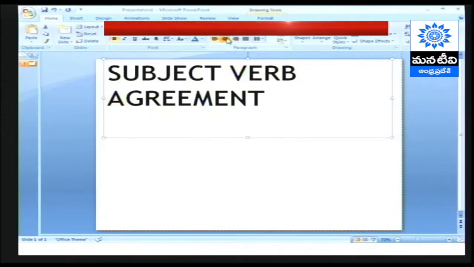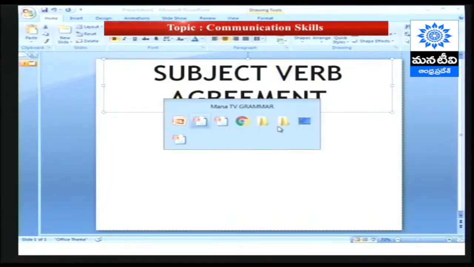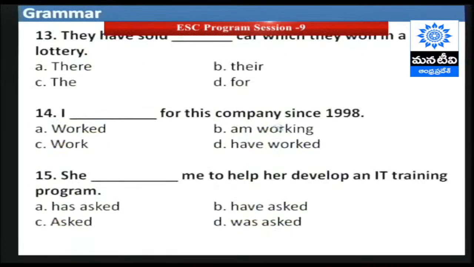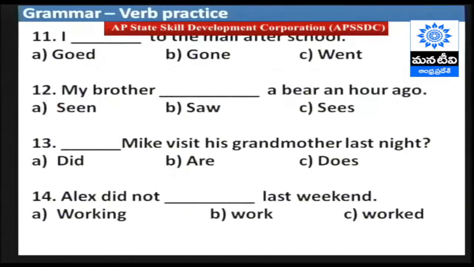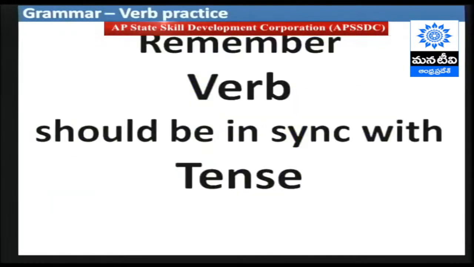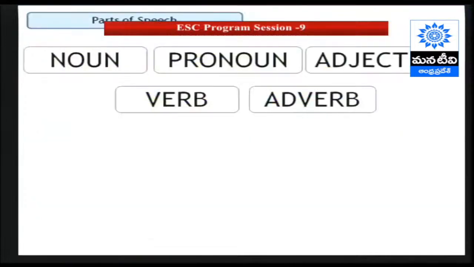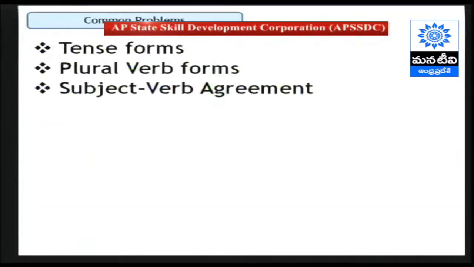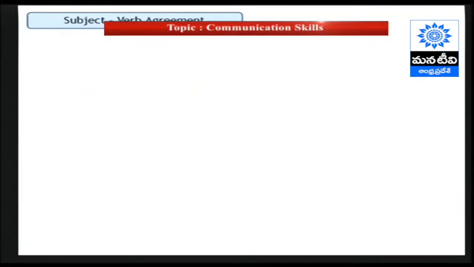Subject-verb agreement. Now, what do we mean by subject-verb agreement? Let me quickly demonstrate that to you. I'm going to switch over to another aspect, which is subject-verb agreement. Here we go. So we are talking about subject-verb agreement.